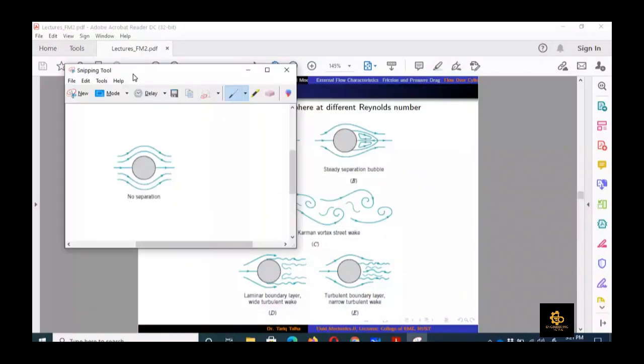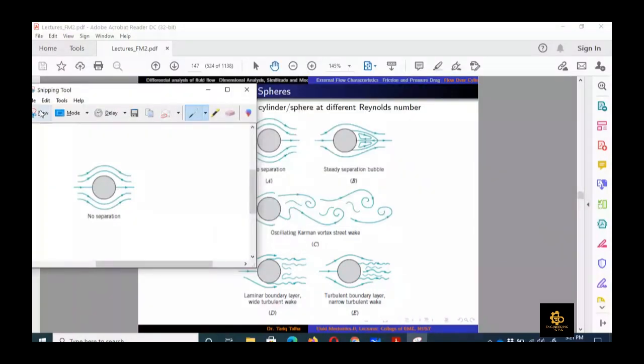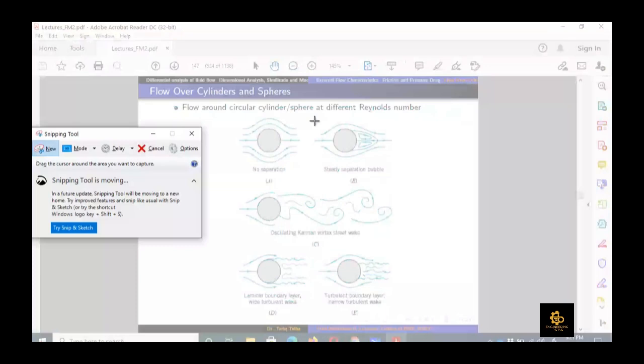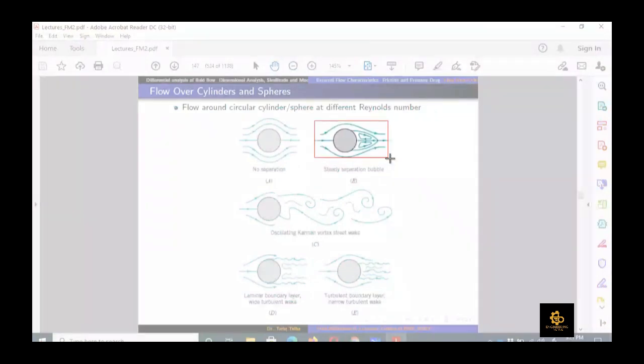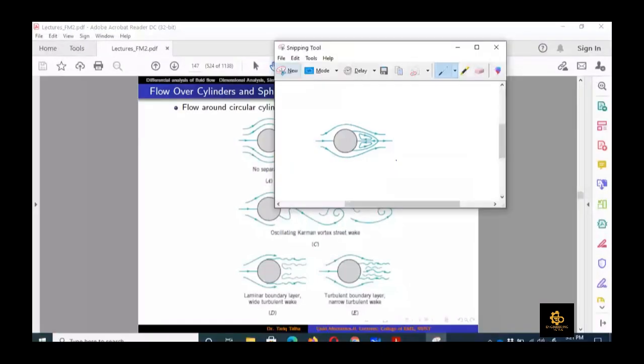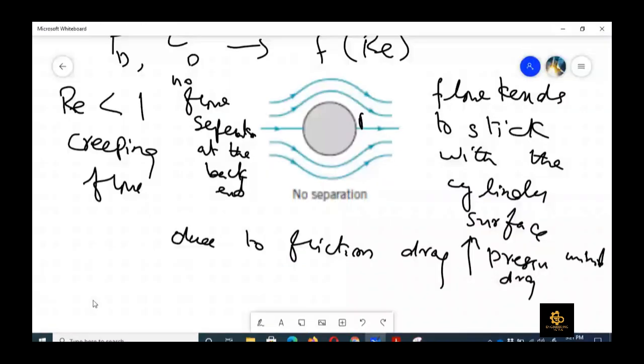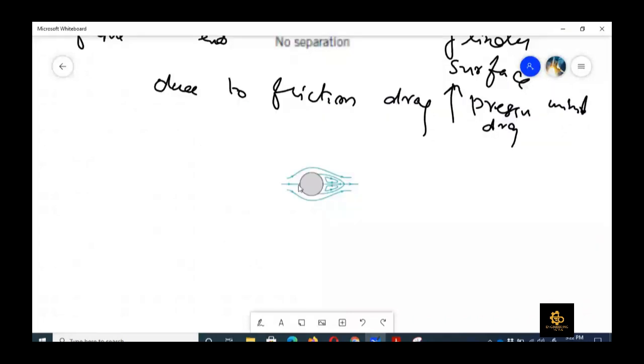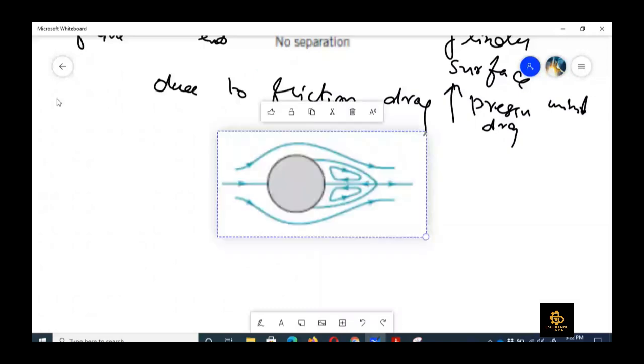So let me copy it again here. So this is the figure B. Now you can see that in this case, Reynolds number was equal to 10 or 10 to 20.